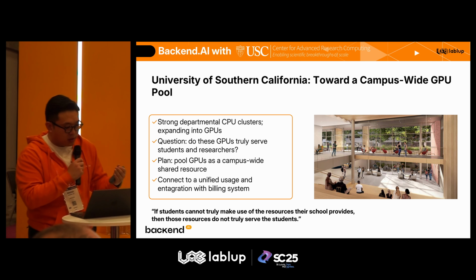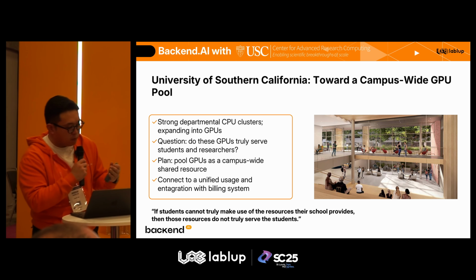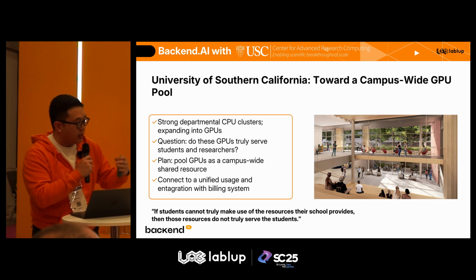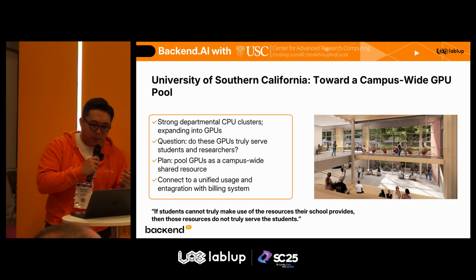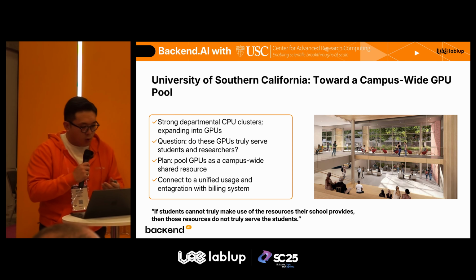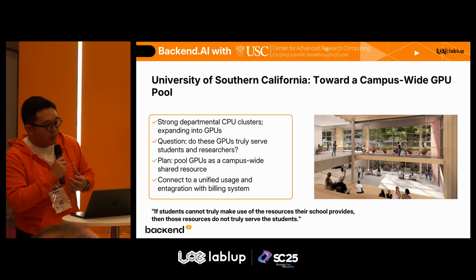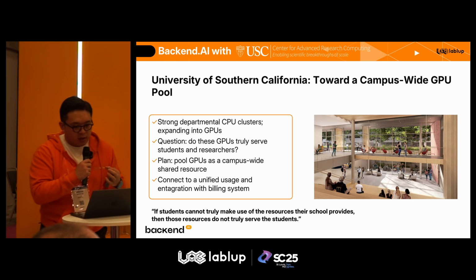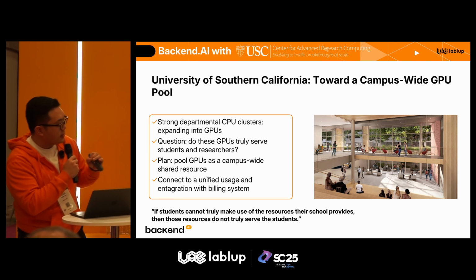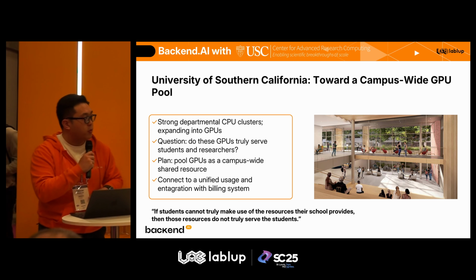So students and researchers, regardless of department, can request infrastructure through a single platform with the central CARC team and from their IT office, so it can be planned as an investment using this platform. For USC, Backend.AI is less about a brand new hardware architecture cluster, and more about an optional layer that ties existing hardware into a campus-wide supercomputing pool.